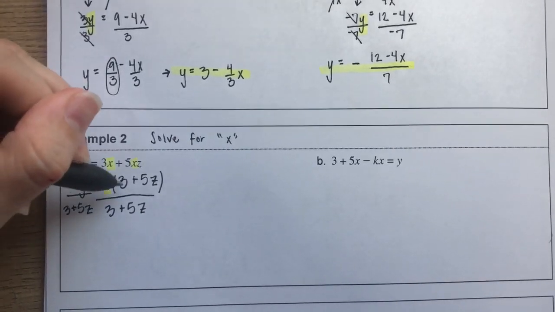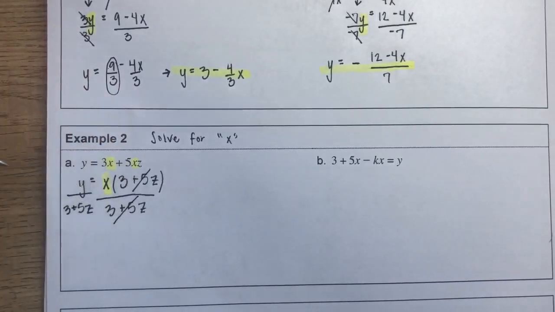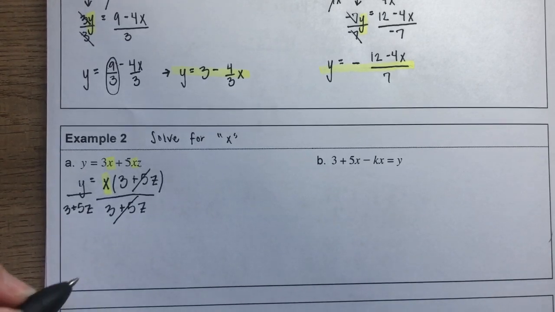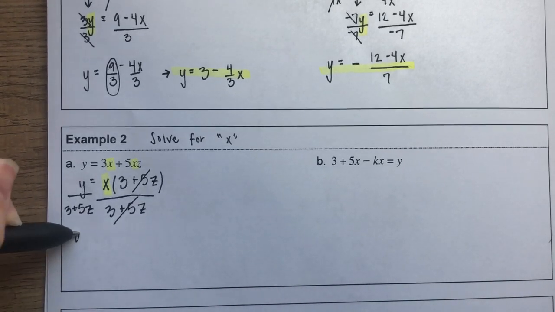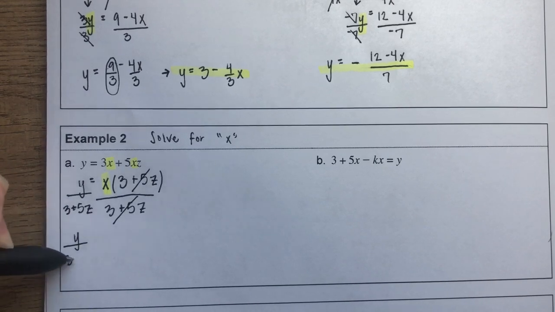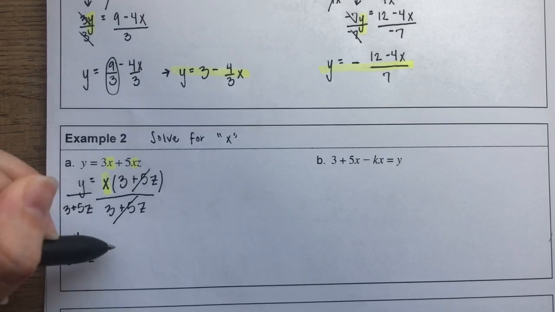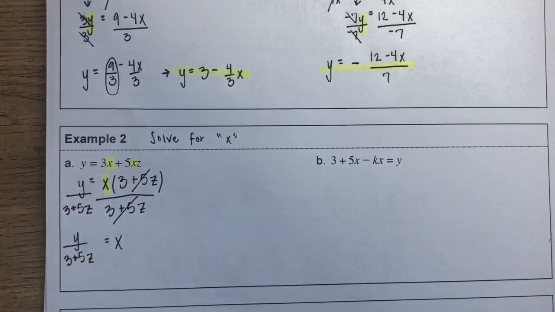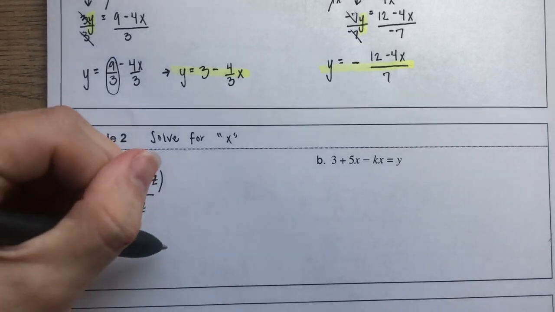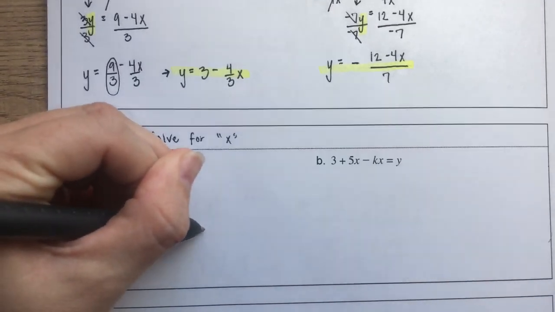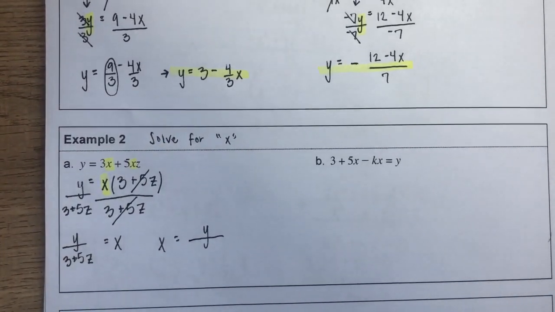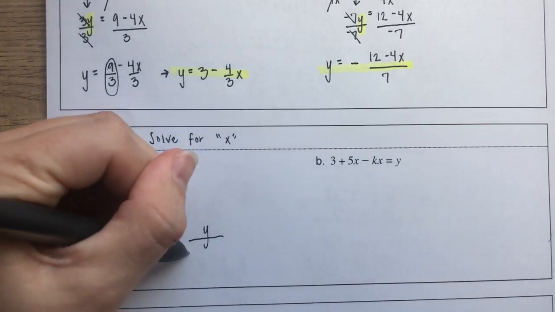Multiplying by 3 plus 5z cancels out dividing by 3 plus 5z and vice versa. So for our final answer, we're left with y over 3 plus 5z equals x. Or we can flip it around so that the x comes first. So x equals y over 3 plus 5z.